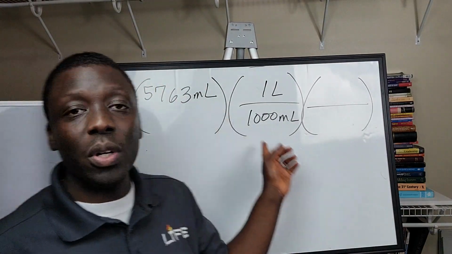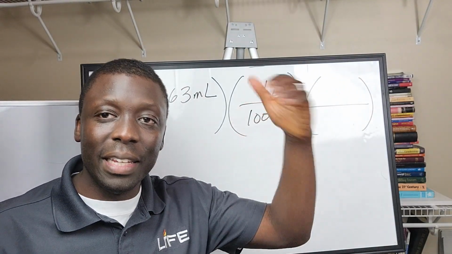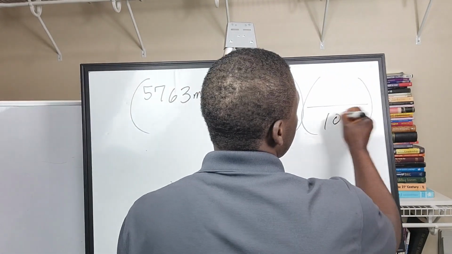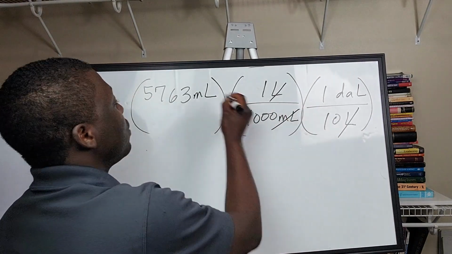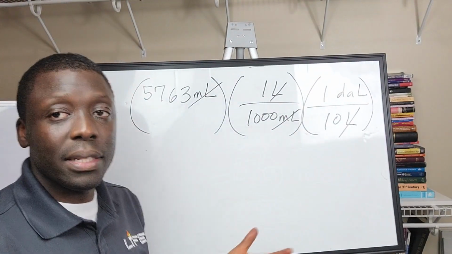So this will get rid of the milliliters portion, and now we're going to take the liter decaliter relationship and put it over here. So the liters will cancel, the milliliters will cancel, and the rest of this is fraction multiplication and simplification.